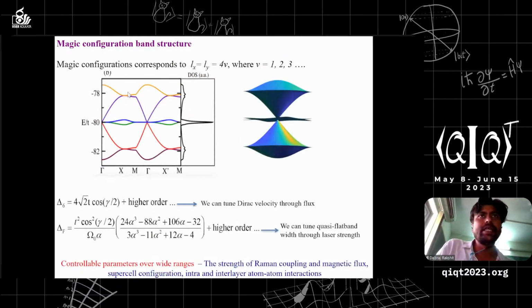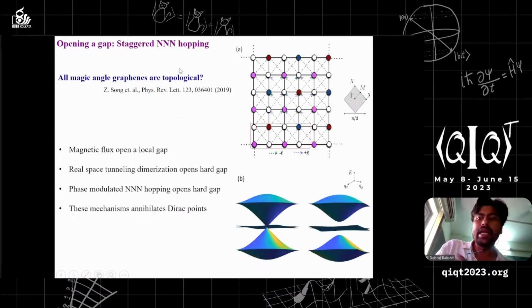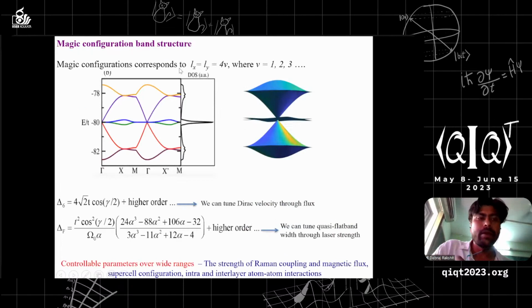So we'll see that whenever our Lx and Ly is 4 nu, when nu is 1, 2, 3, we are creating band structures like this. We take a square lattice, and obviously we have two layers from these two synthetic tunneling, and then we introduce this modulation.